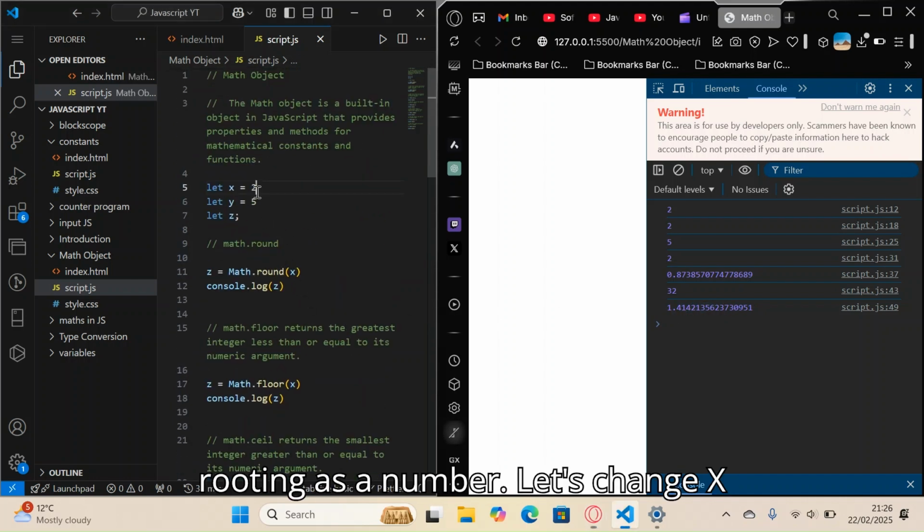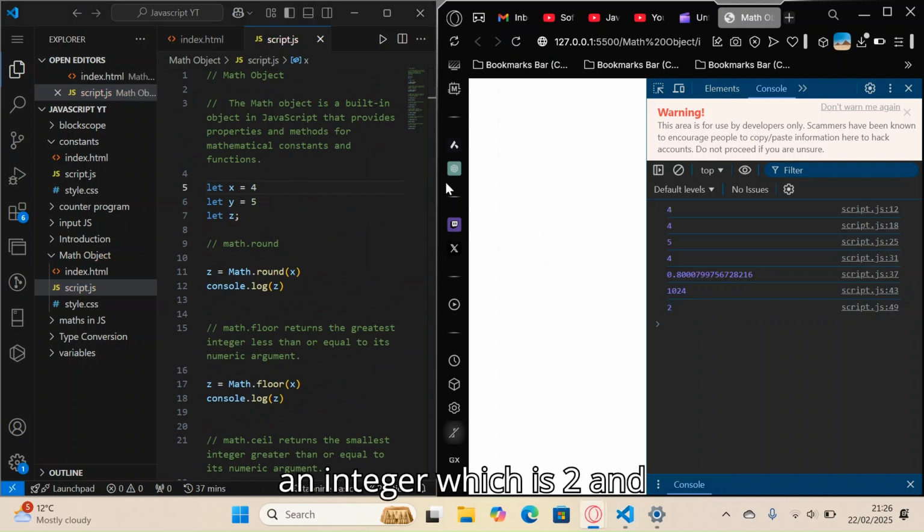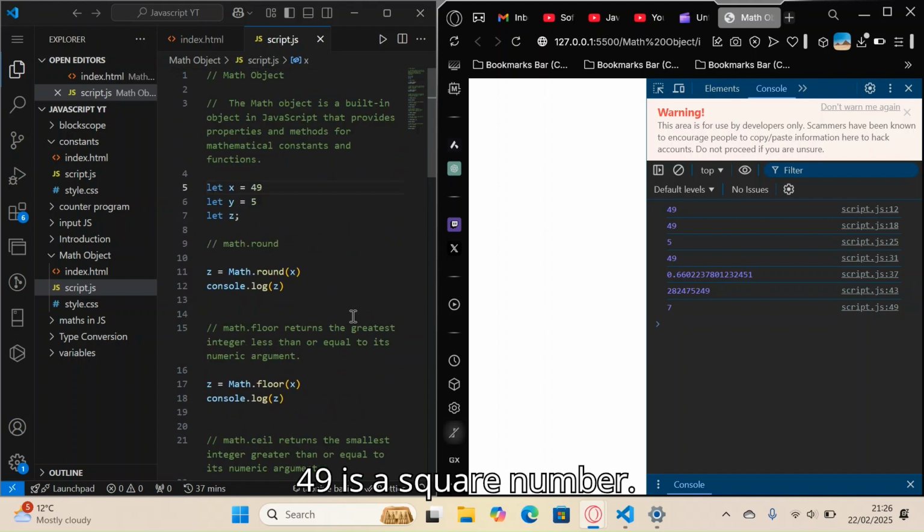Let's change x to 4. This time it gives you an integer, which is 2, and another square number, 49, gives 7, because 49 is a square number.